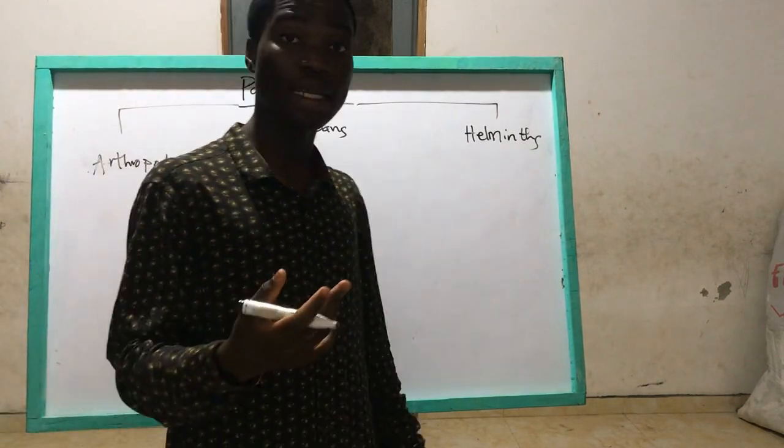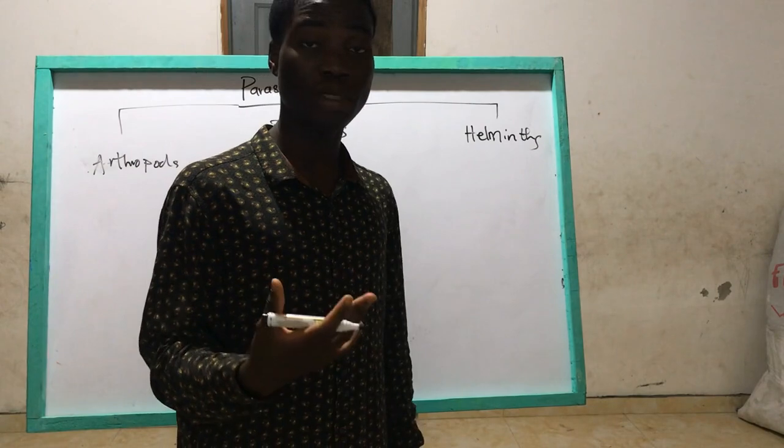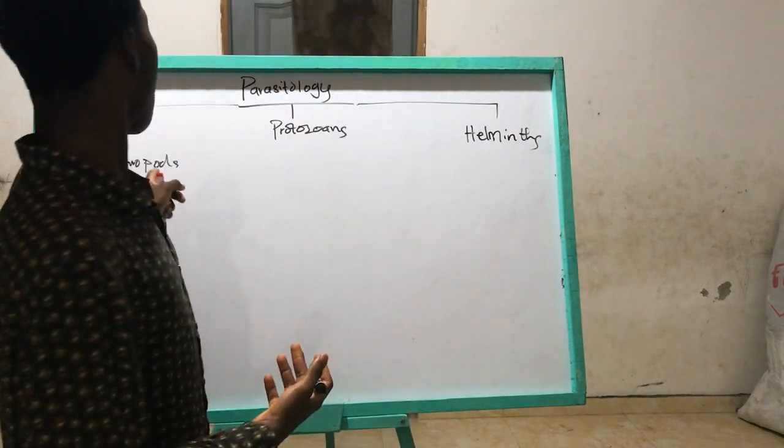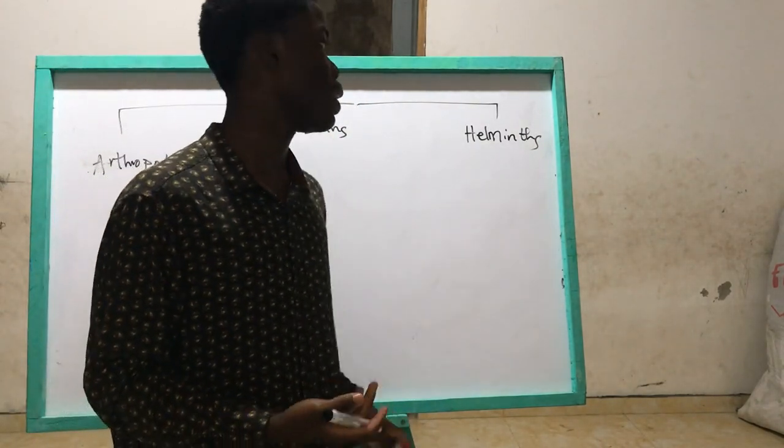So these are basically the three main branches of parasitology we have: arthropods, protozoans, and then helminths.